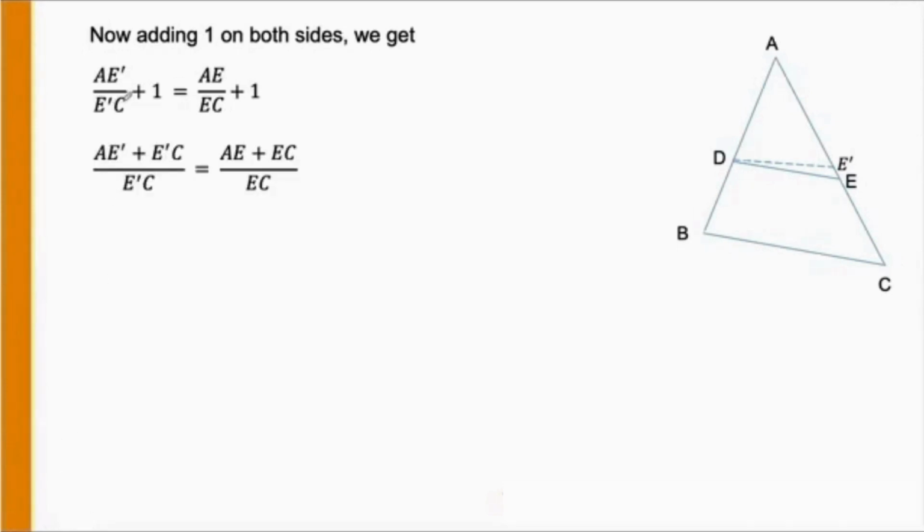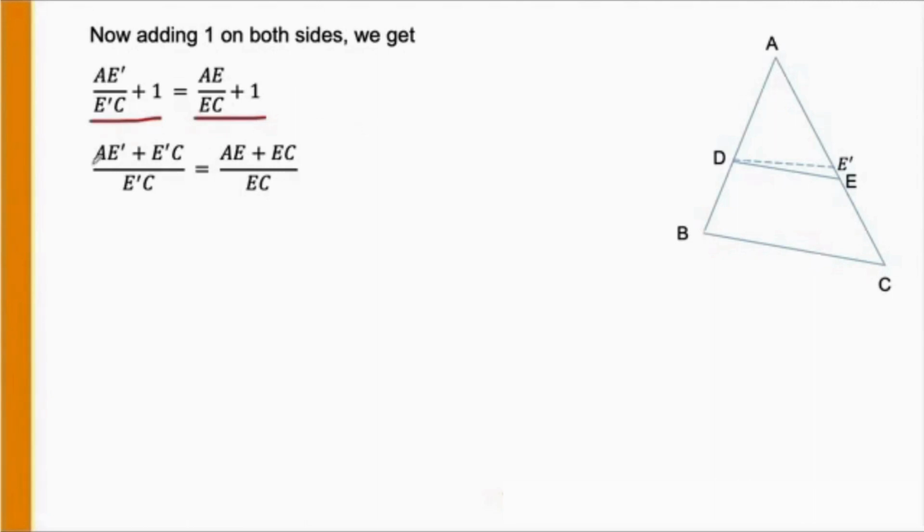Now E dash C becomes the LCM of the left hand side and EC becomes the LCM of the right hand side, and so we get AE dash plus E dash C upon E dash C is equal to AE plus EC upon EC.